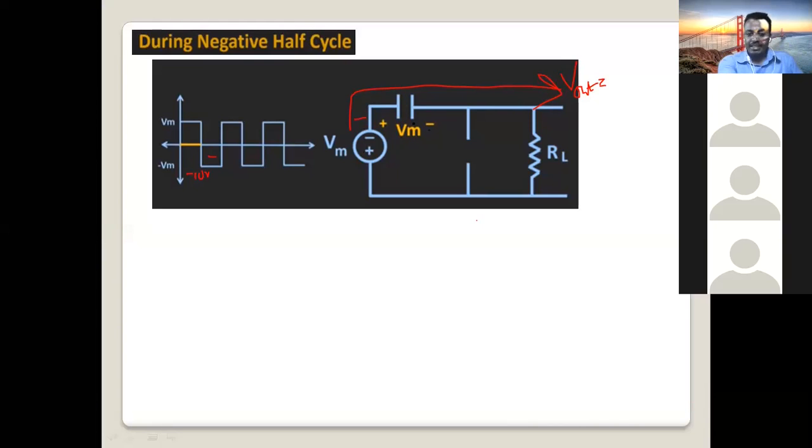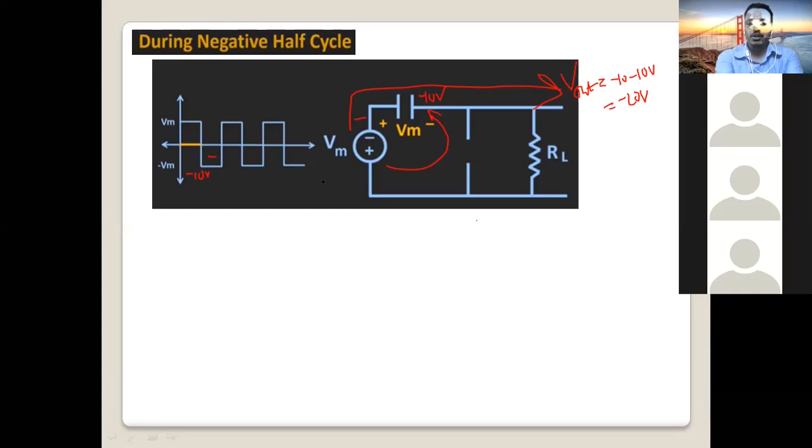In this case, the capacitor is charged in the opposite direction. This is how the capacitor charges. Previously, in positive clamper, we have seen the charging path. Now it's charged this way. So the voltage stored in the capacitor again is minus 10 volt. So what will be the output? Minus 10 from the input, minus 10 from the capacitor. So it will be minus 20 volt.